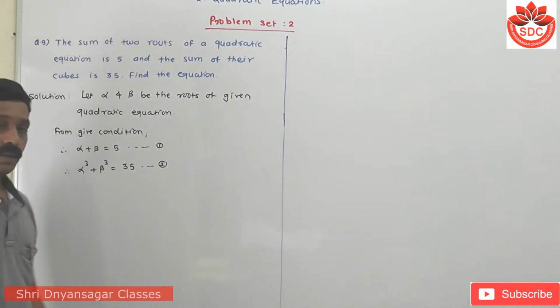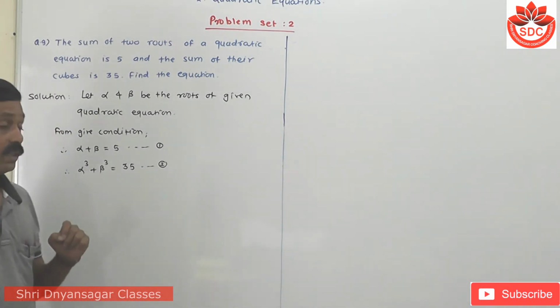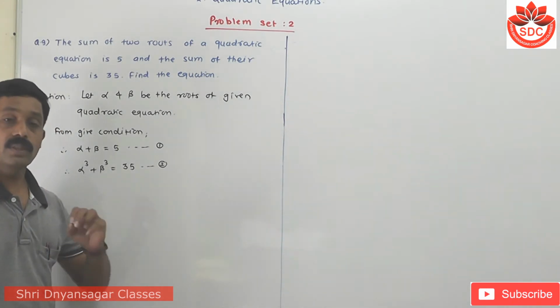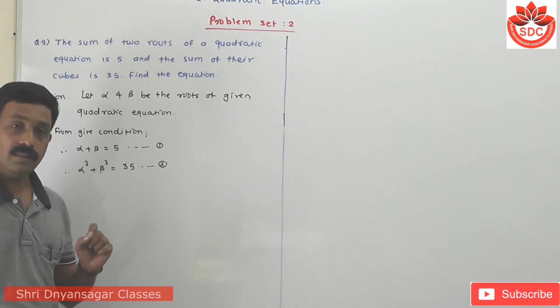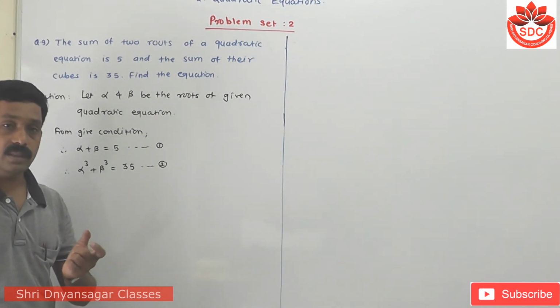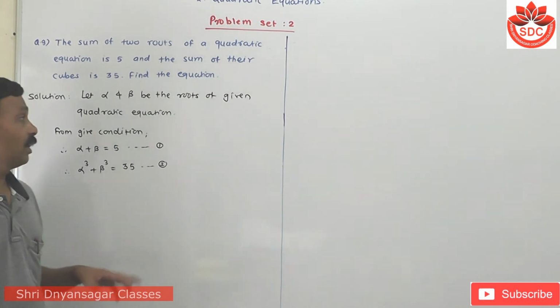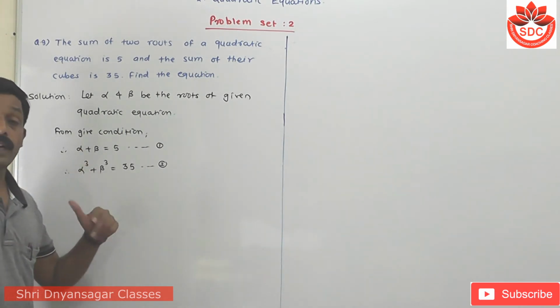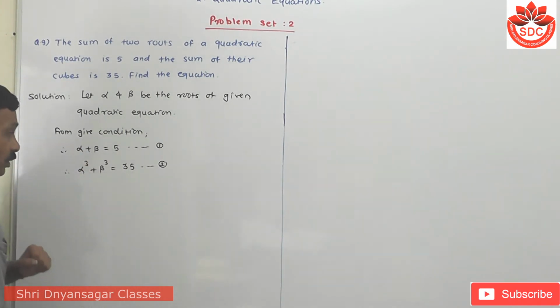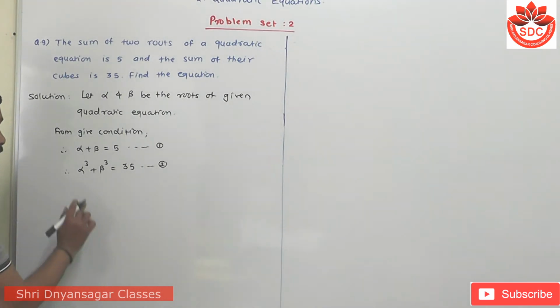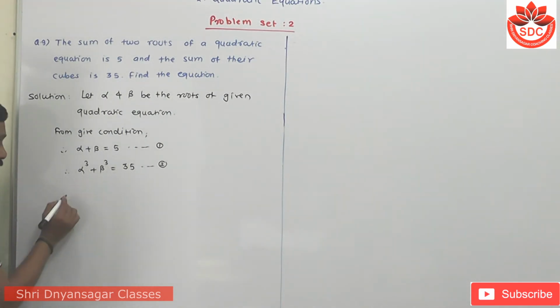Now student, we know that to frame the quadratic equation we use the formula x square minus the addition of the roots into x plus the product of the roots. So by using this condition, we first find out the product of the roots. How to find out? Look carefully. For alpha cube plus beta cube, we know that this is also one identity, a cube plus b cube.